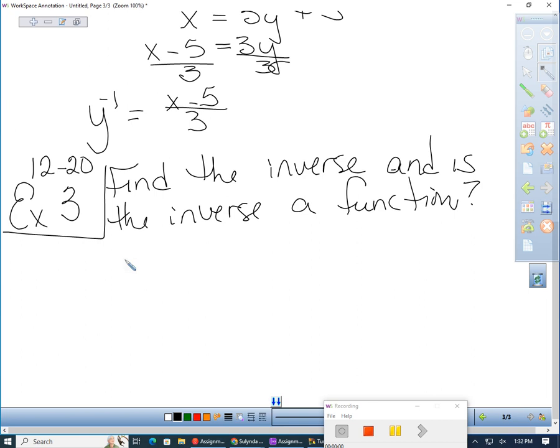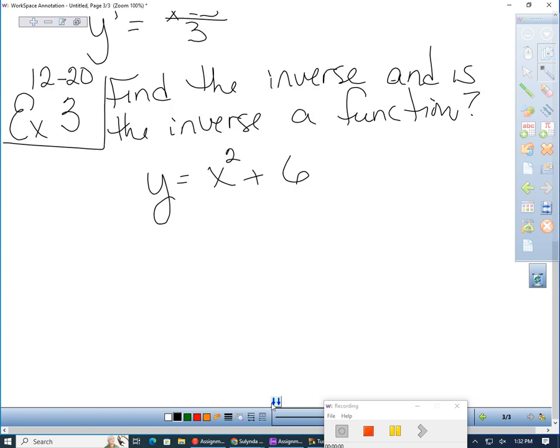So, let's say you're given something like, let's do one like this. Let's say I have y equals x squared plus 6. All right. So first thing is, who can tell me what is that we have up there? Y equals x squared plus 6 is a what?